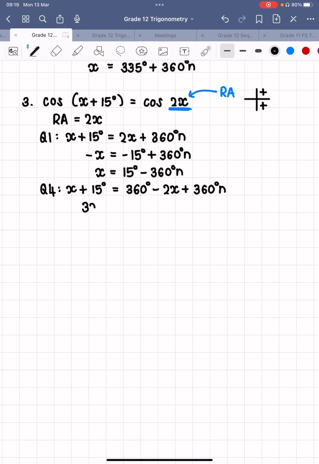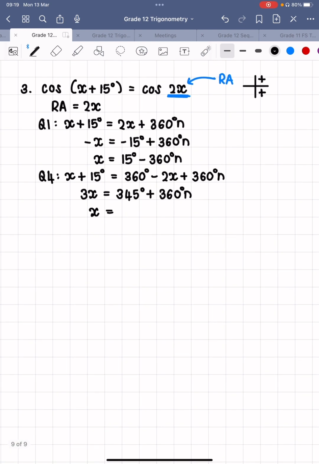So we're going to get a 3x equal to 360 minus 15. That's 345, hey? 345 plus 360n. And now we must divide everything by 3. What's 345 divided by 3? 115. 115 plus 120n, like that.